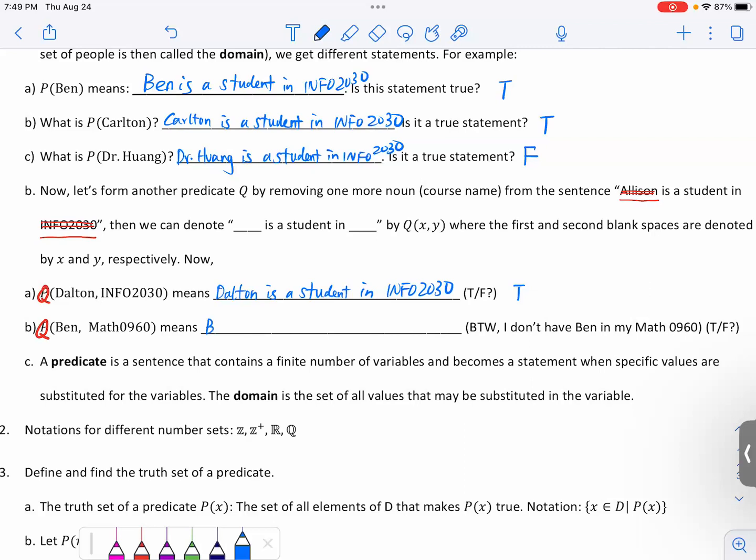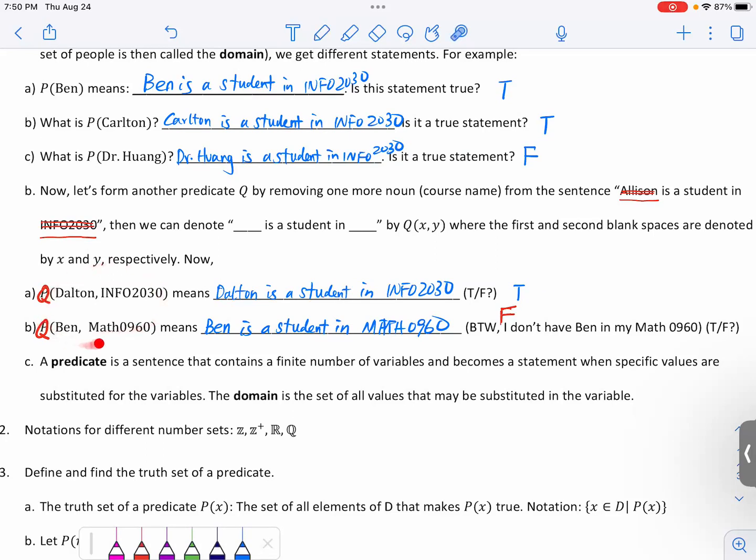That means Ben is a student in Math 0960. And I just told you that I don't have a student whose name is Ben in my 0960. So therefore, this is a false statement, right?